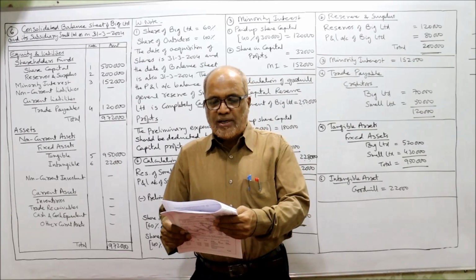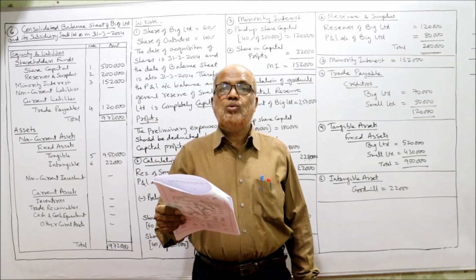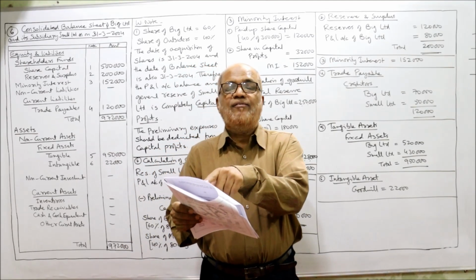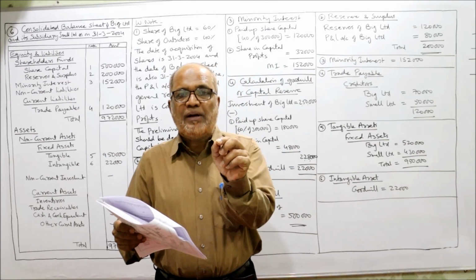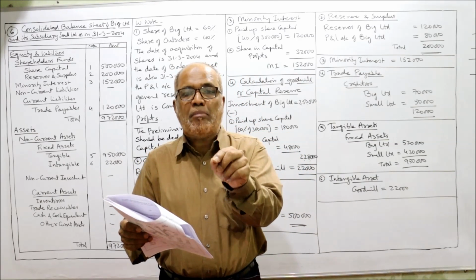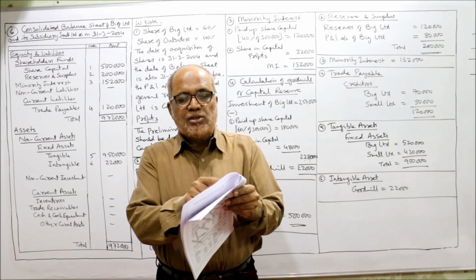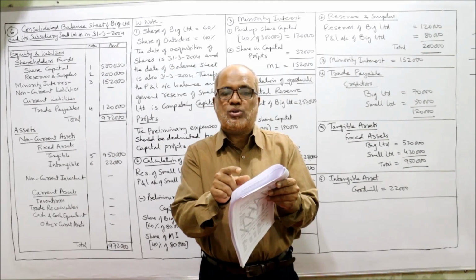Then, shares in Small Limited were acquired on 31st March 2004. Actually, there is a printing mistake in the problem. It is given as 1/4/2004. Cut it off. That is not 1st April 2004. That is 31st March 2004. There is a printing mistake in the problem. So shares in Small Limited were acquired on 31st March 2004.